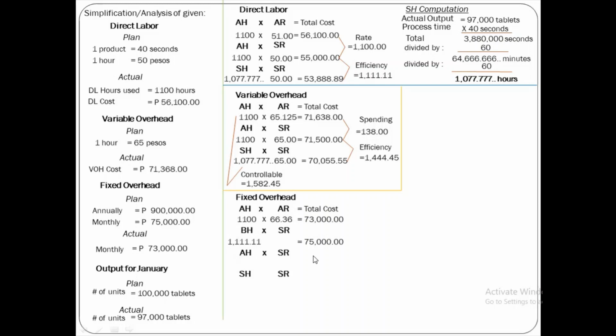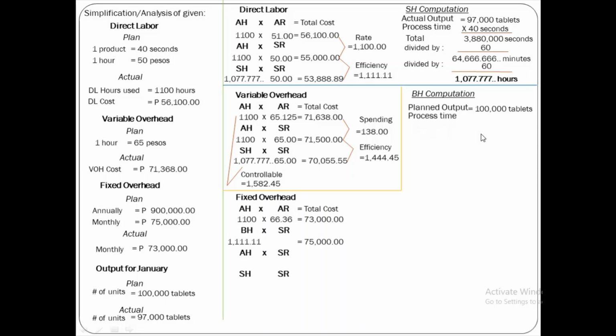So the budgeted hours is 1111.11. Still, it's not found in the given. We need to compute it. So how do we compute the budgeted hours? Unlike the standard hours, which is based on the actual output, the budgeted hours is always based on the planned output or planned production. So the planned output, as per the given, is 100,000 tablets.